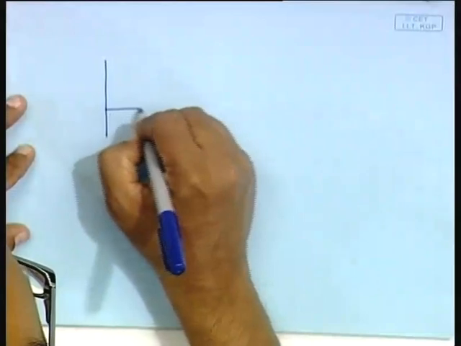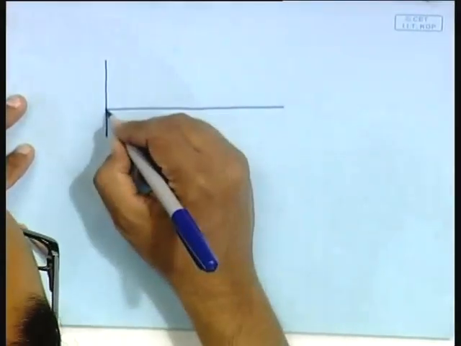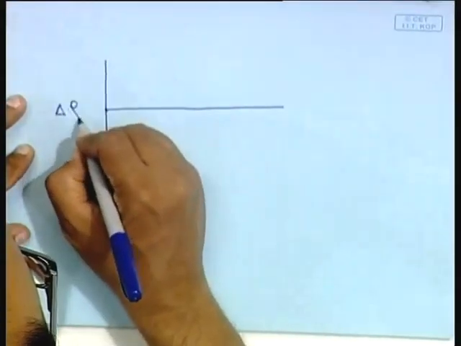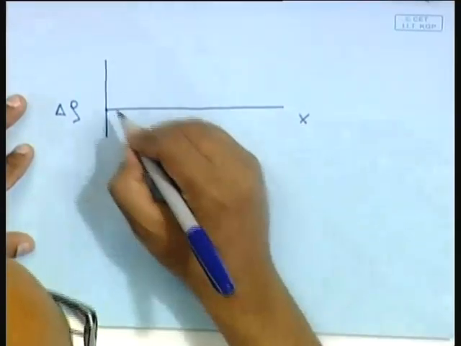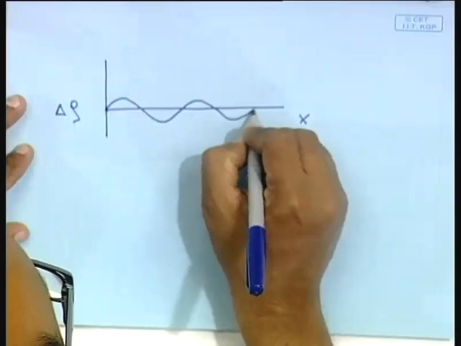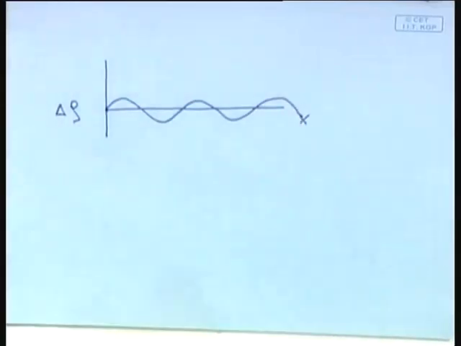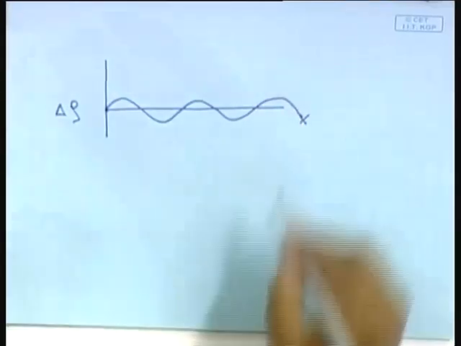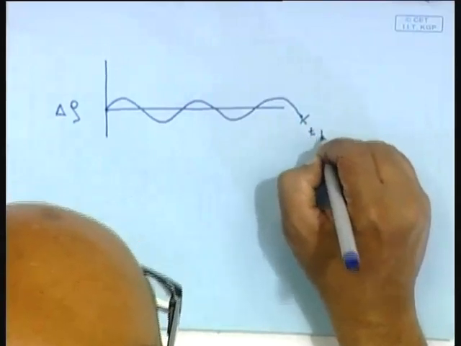Now what is going to happen in this Jeans instability? Let me just draw a picture first and explain it to you. So we have this delta rho as a function of x, and initially it is extremely small. By our assumption, we have put a small perturbation. This is the initial one, say at time t1.